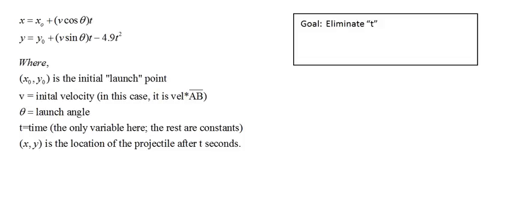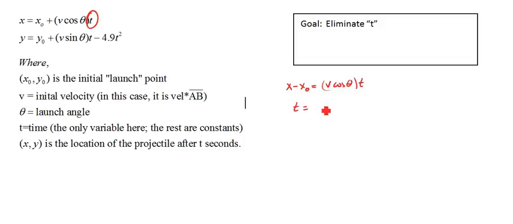To do this, I will solve for t in the first equation, and then substitute its expression into t of the second equation. So in the first equation, if I isolate t, I get that x minus x sub 0 equals v cosine theta all times t.